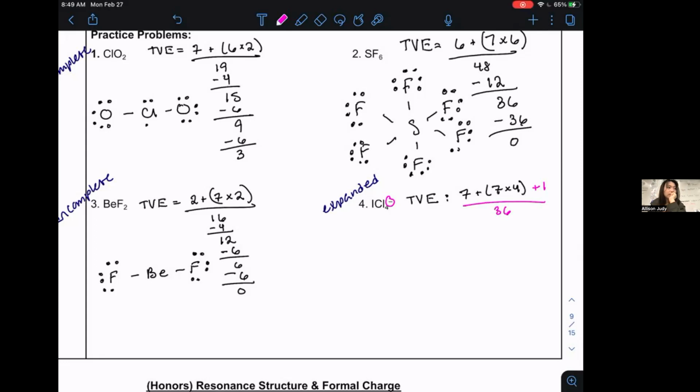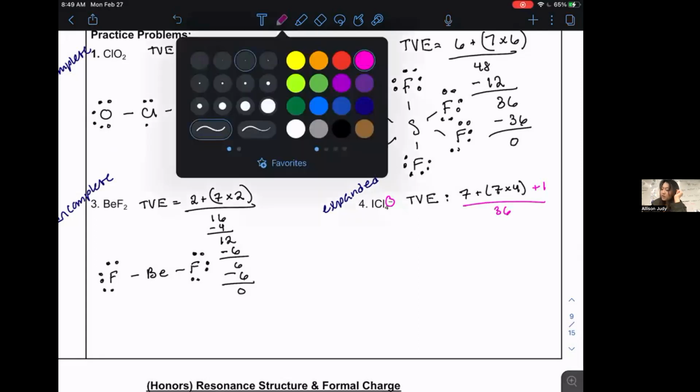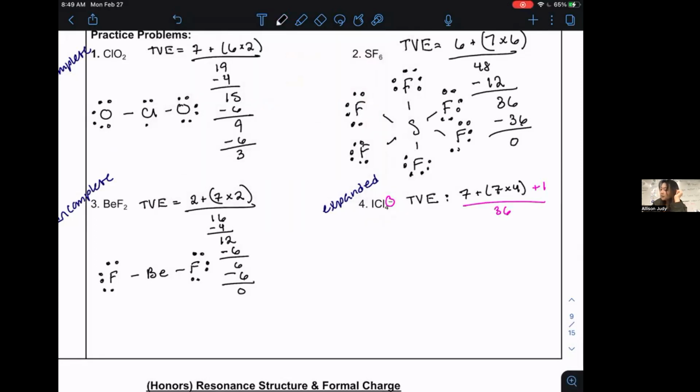Now I start distributing. I build my skeleton. I is in the middle. I've got 4 chlorines. I won't write it like that because that's going to confuse you. I'll write it like this. Okay. And how many did I use up just there? 8, 2 for every bond I made. So I'm down to 28.